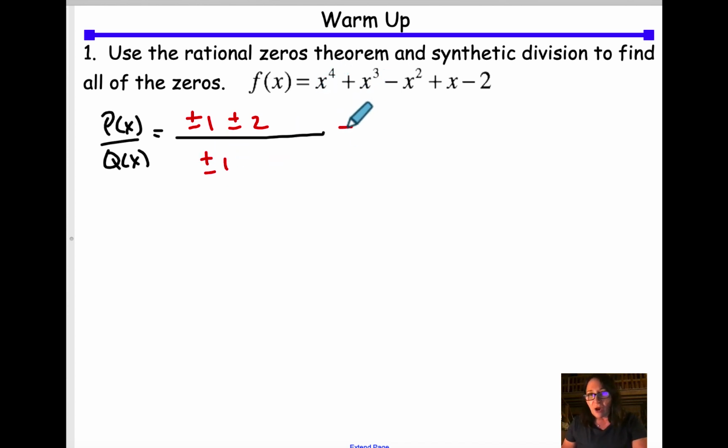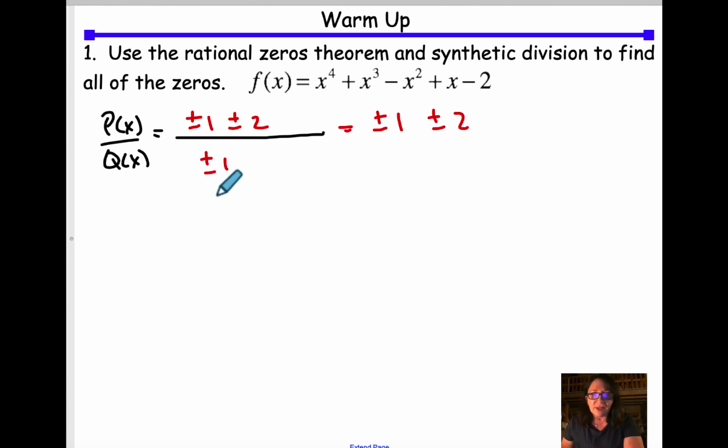So the possible rational zeros that we could plug into our synthetic division problem are 1 over 1, 2 over 1, and then their opposites, plus or minus 1 over 1 and plus or minus 2 over 1.